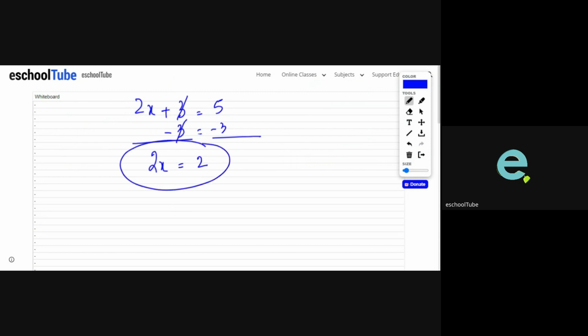Now you divide both the sides by 2. So 2x divided by 2 is equal to 2 divided by 2. 2 and 2 cancel, you get x is equal to 1. So you are undoing the operations to find the value of x.